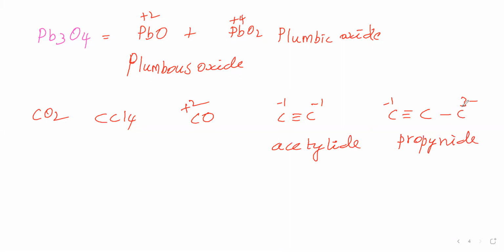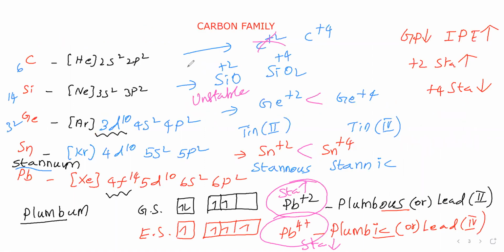Here carbon oxidation number is -3. Here you see Al4C3, cross multiply, you will get Al3+ and C4-. Here carbon oxidation number is 4-. So carbon shows variable oxidation numbers.